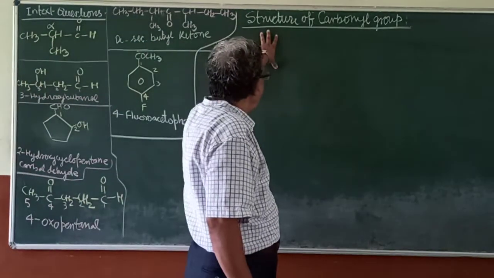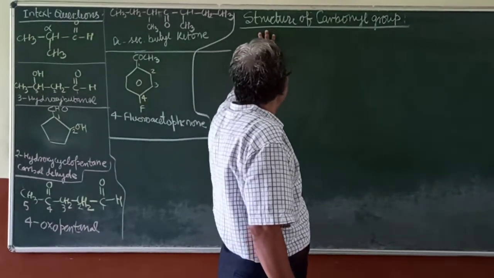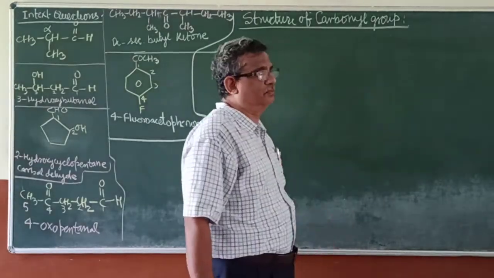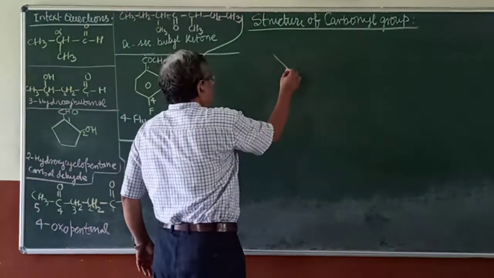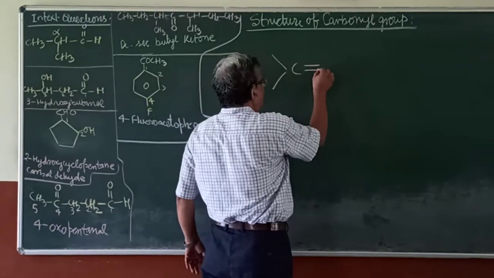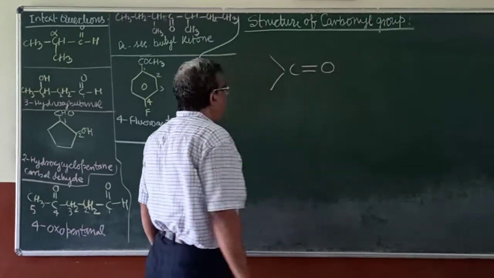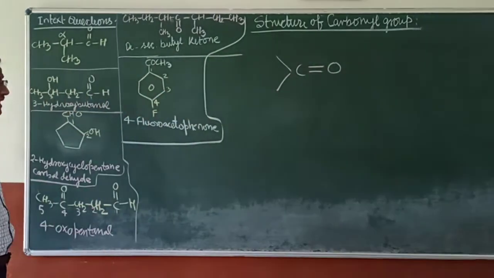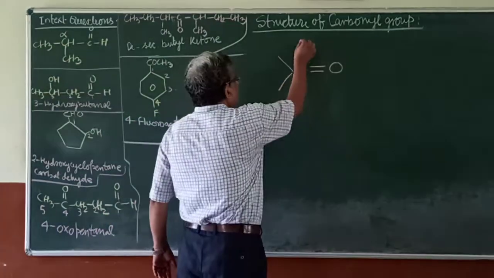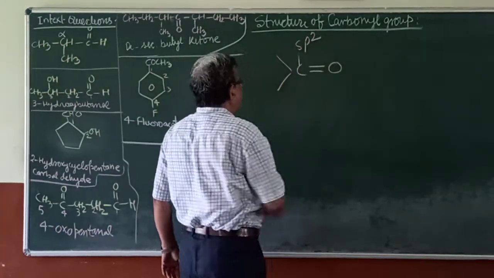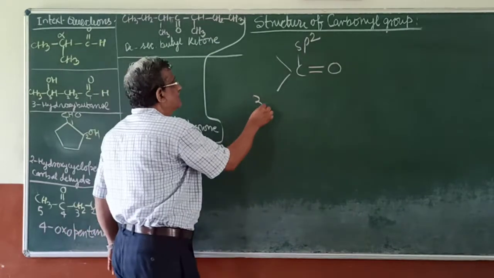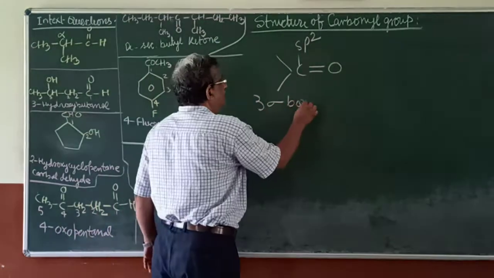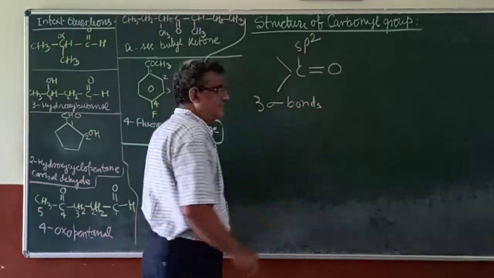Children, today we are going to start the structure of carbonyl group. I write here the structure of carbonyl group. Now here in this carbonyl group, this carbon is sp2 hybridized and contains 3 sigma bonds.